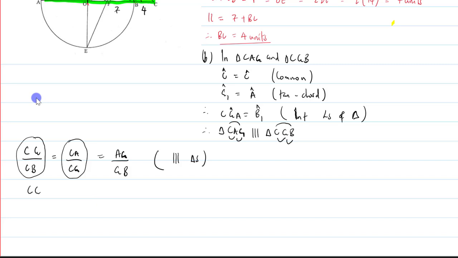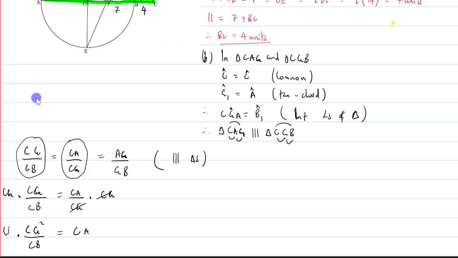So if we have CG over CB is equal to CA over CG, that's the ratio I'm going to take. If I multiply both sides by CG, this is going to cancel out to that, and then this one times CG, that's where I'm getting CG squared over CB is equal to CA.